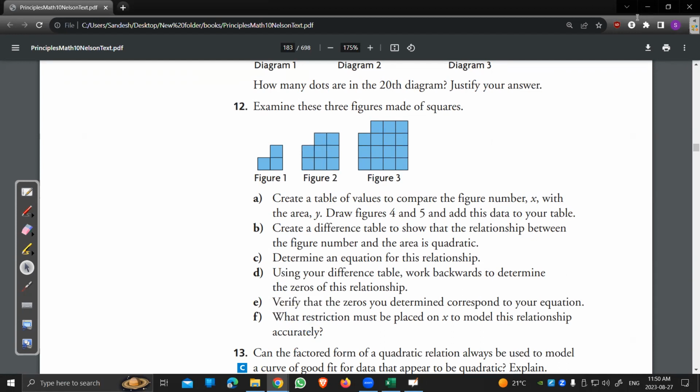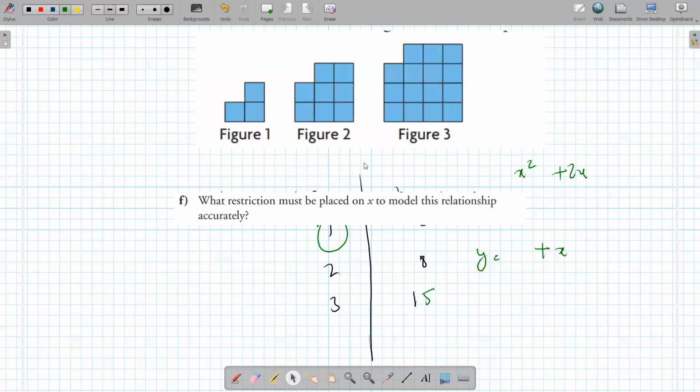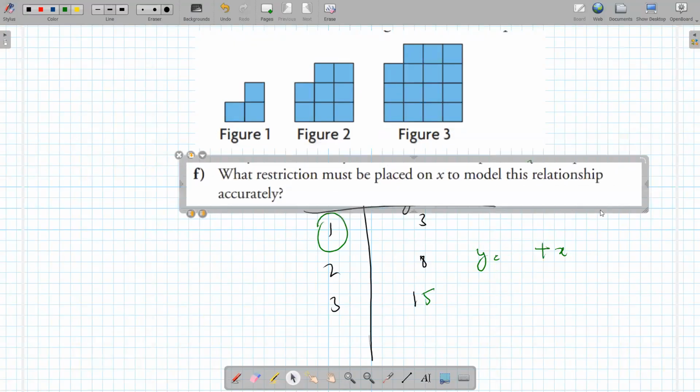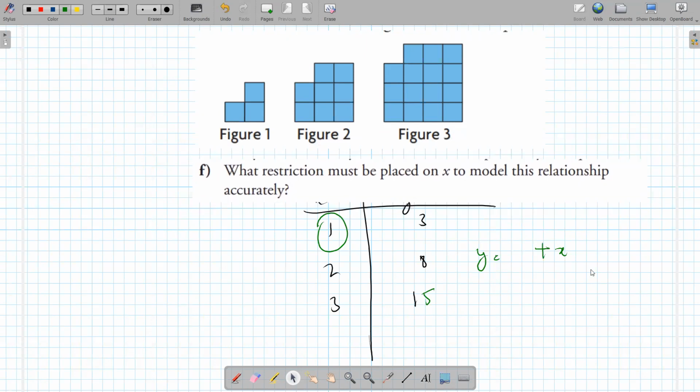What about this one? What restriction must be placed on x to model this relationship? Remember, x is the figure number.